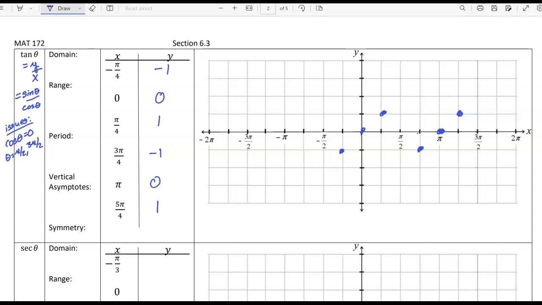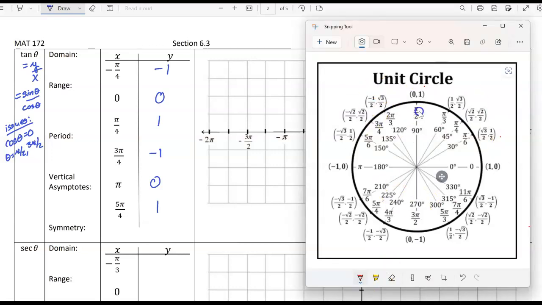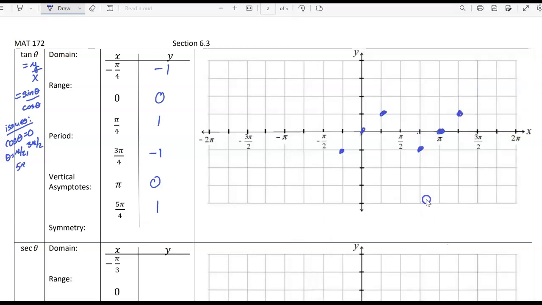Okay, but we don't just have to think about one revolution of the unit circle. We've got to think about every single revolution. So if we were to go around again, this would be at 5 pi over 2, and then at 7 pi over 2, and then 9 pi over 2 and 11 pi over 2 and so on.